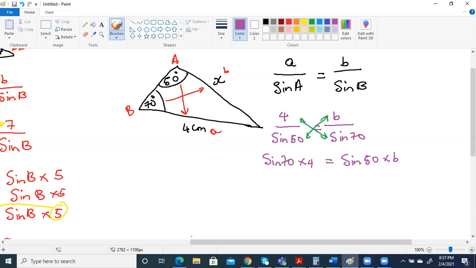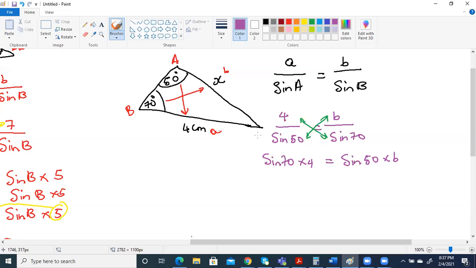0.94. Everybody got that? Let me double check it just to be sure. 0.94. Sine 70.